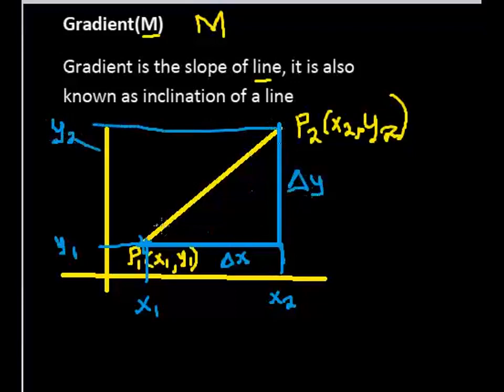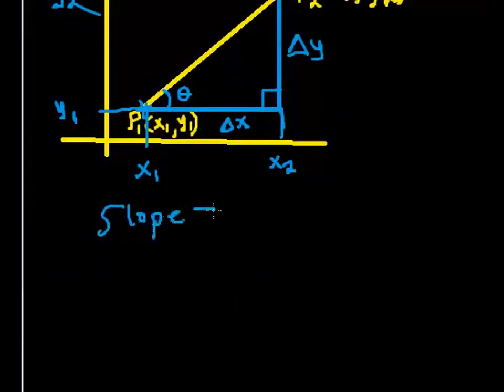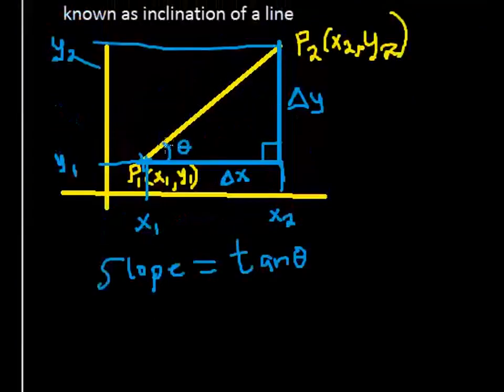So now the inclination is the angle theta. Please take note: the slope is the same thing as the tan of the angle of inclination of that particular line, because it's making an angle.